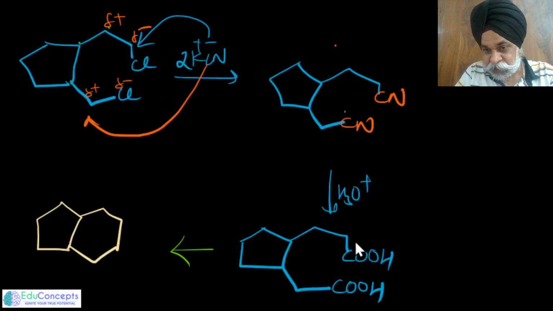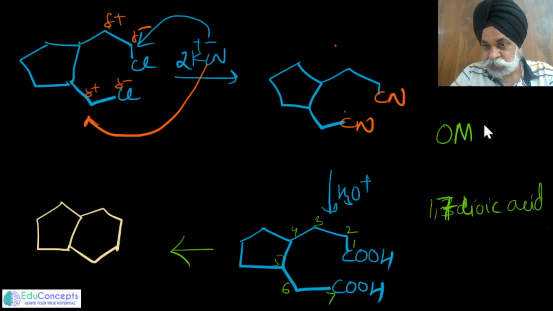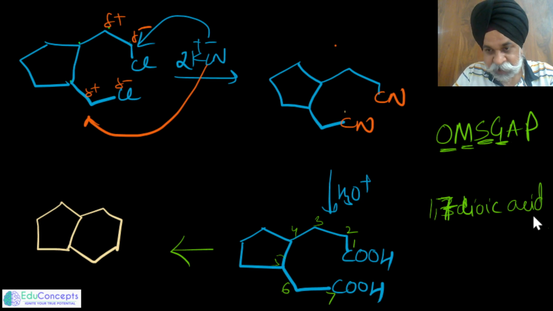Now this has come into a case of 1,7-dioic acid. For this also you just go through the decarboxylation video which we have done in the DCD series. You have 1,7-dioic acid, where I talked about Ohm's gap, if you could recall: oxalic, malonic, succinic, glutaric, and adipic acid.